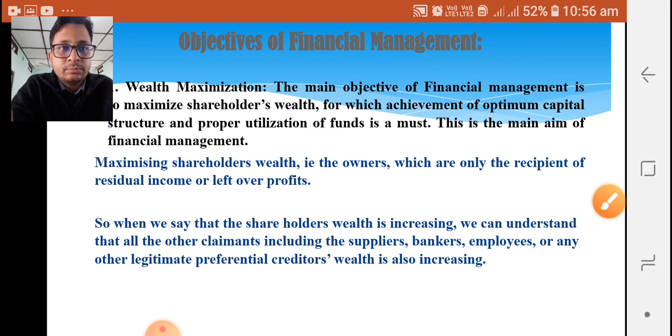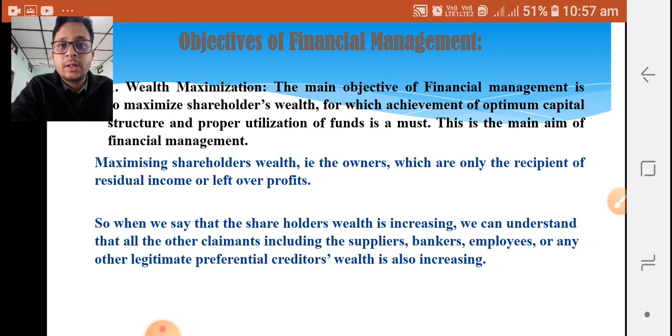Here you see, equity shareholders are the last to receive the profits of the firm. If a firm makes profit, first of all they have to pay their secured creditors. Secured creditors can be your banks or any other loans or financial institutions. Next come your preferential creditors, like preference shareholders or debentures, bonds. Third come your unsecured creditors, which can be trade credits and public deposits.